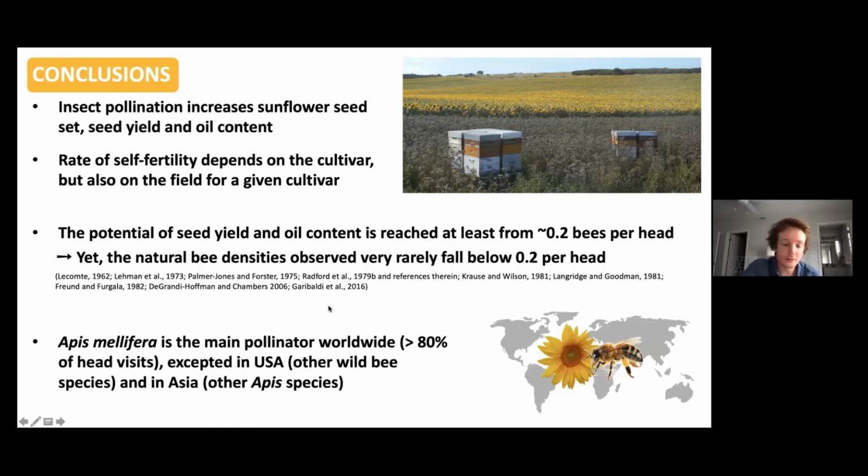And we also saw with the literature that Apis mellifera is the main pollinator worldwide, with in most of the cases more than 80% of head visits, except in the USA, because the sunflower comes from the USA, and also in Asia, because in these countries there are also other Apis species which pollinate a lot of sunflower.